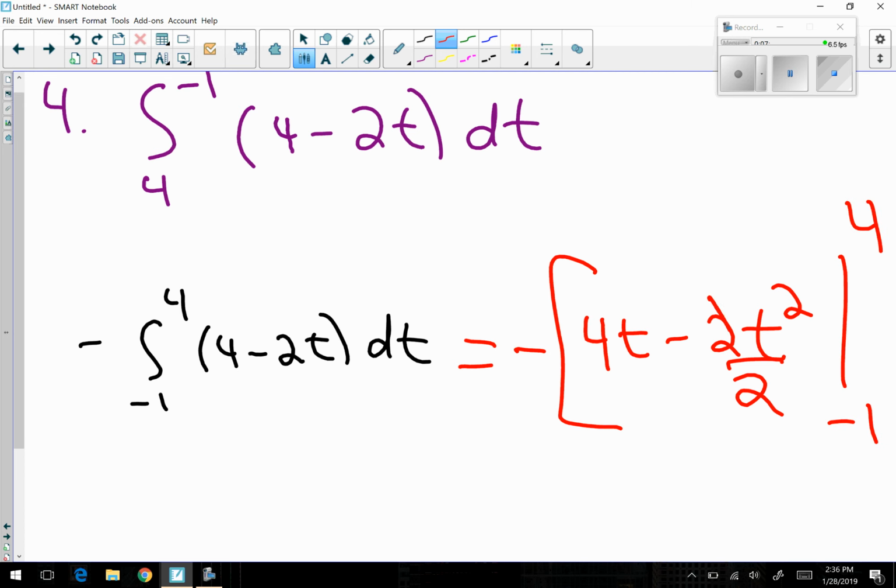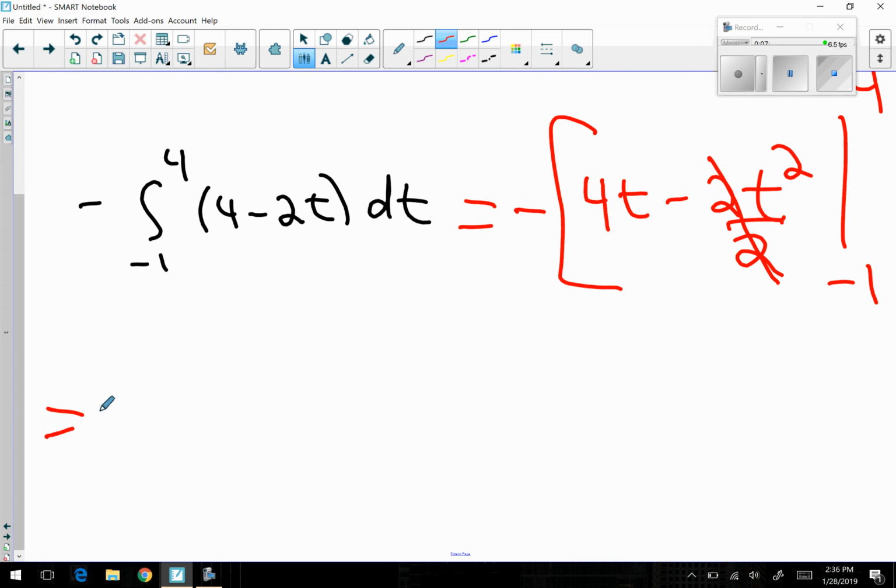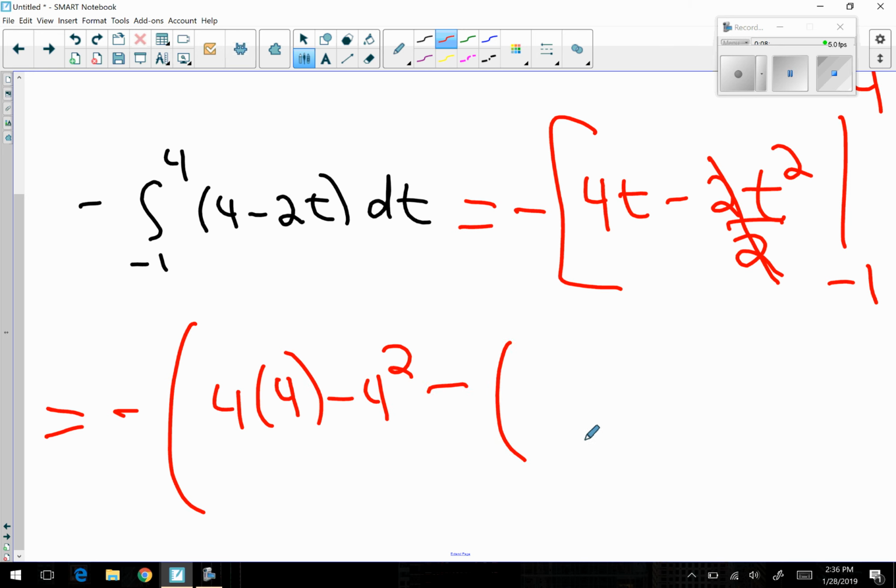I know these 2's divide to 1. And so we have a negative on the outside. We're plugging in 4 first. So 4 times 4 minus 4 squared. Minus, plug in -1. 4 times -1 minus -1 squared.